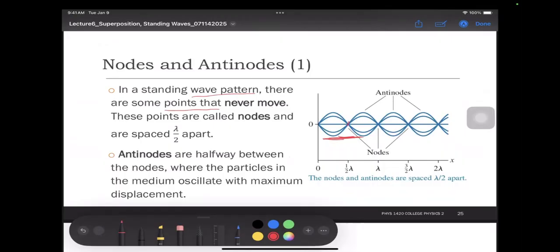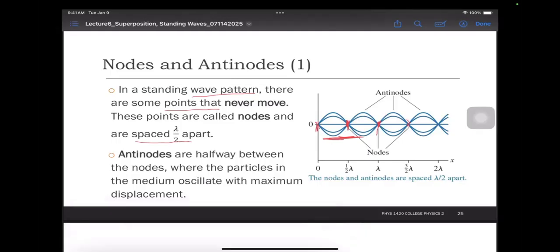We call those points nodes, and they are spaced half lambda apart. From here to here it is lambda, and those points never move.